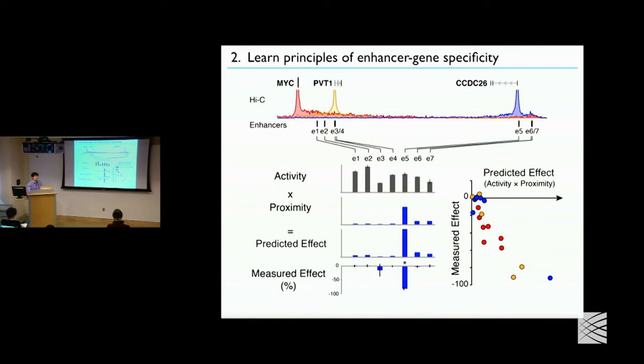Yes? E3, E4, and E5 are actually located on promoters of PBT1 and CCDC26. So is it possible that sometimes genes may hijack other promoters as their enhancers? Yes, so it turns out that many promoters can also act as enhancers for other genes.